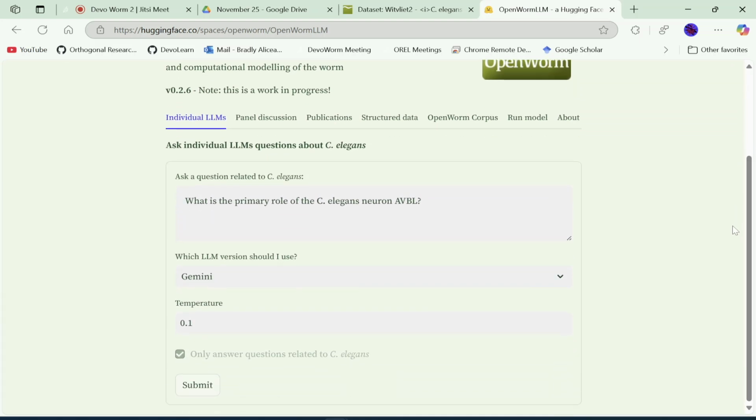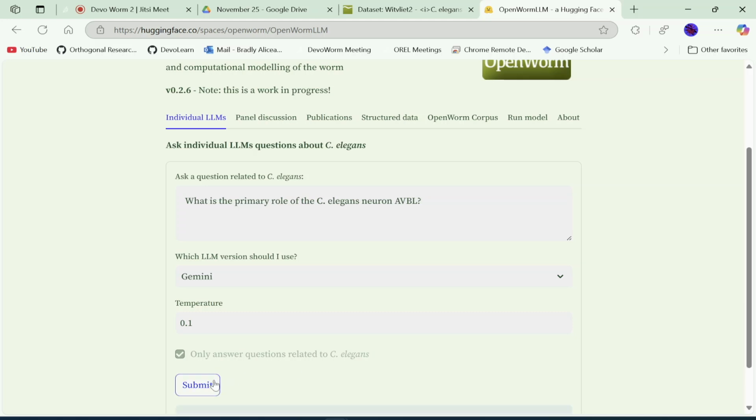Like if I ask, for example, what is the primary role of the C. elegans neuron AVBL? And I want to use Gemini, and the temperature, which is a parameter, is 0.1. And you can't really uncheck this box, but only answer questions related to C. elegans, because sometimes you can get things that are not related to C. elegans.